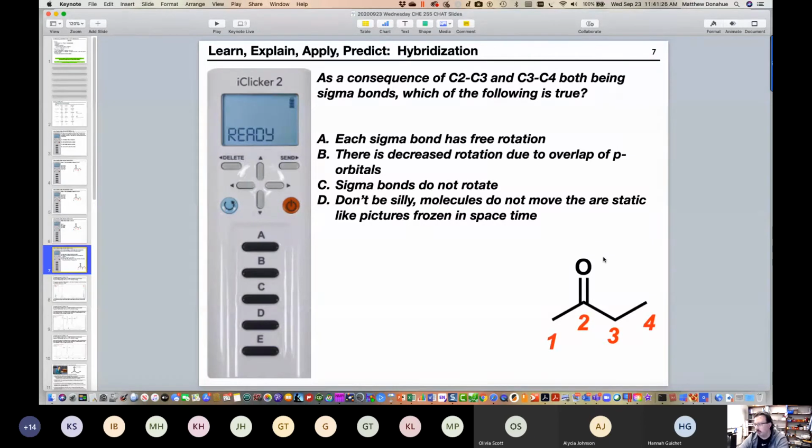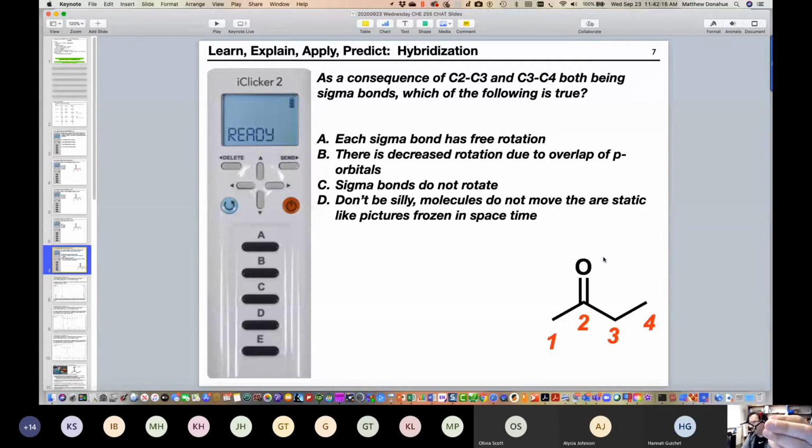So maybe if I can take a minute here, I'll make a little molecule. I don't have the hydrogen atoms on this, but here's the molecule.